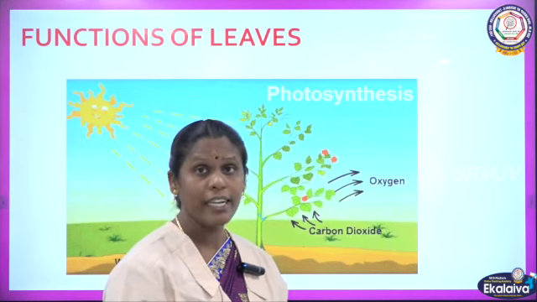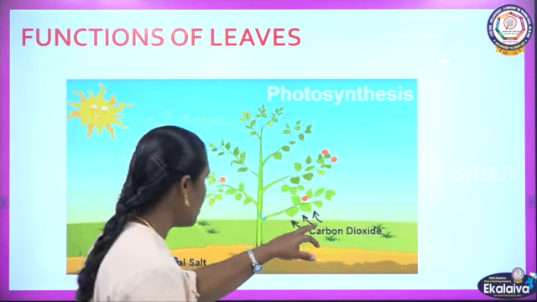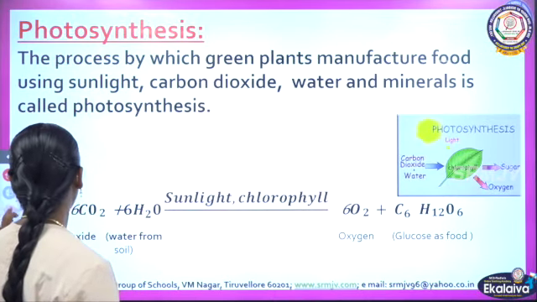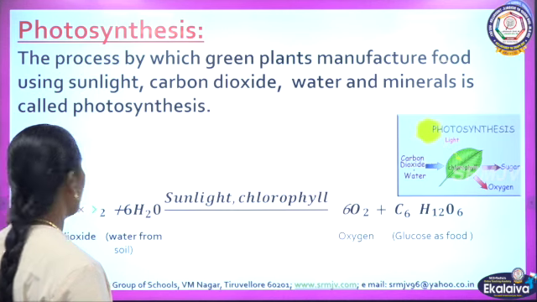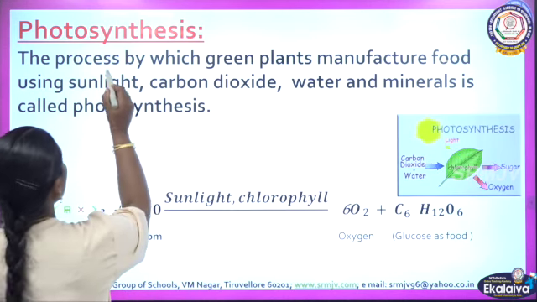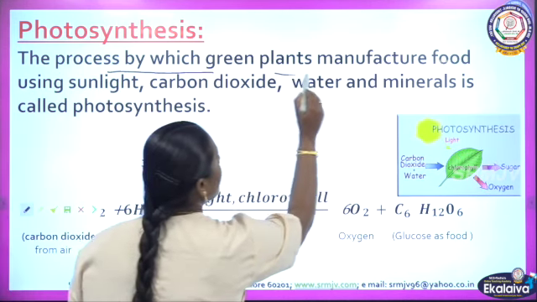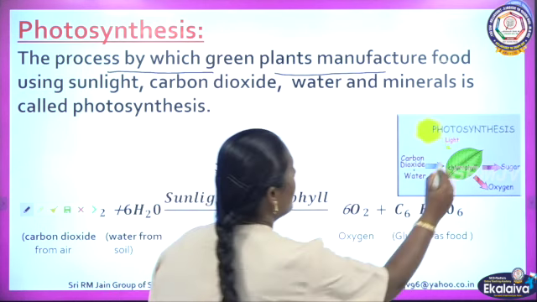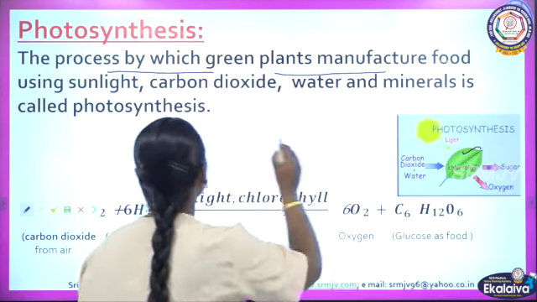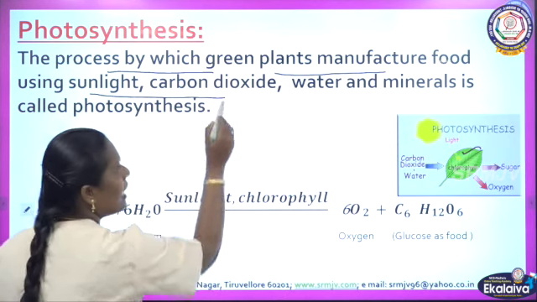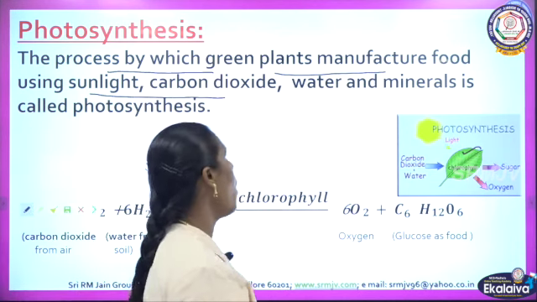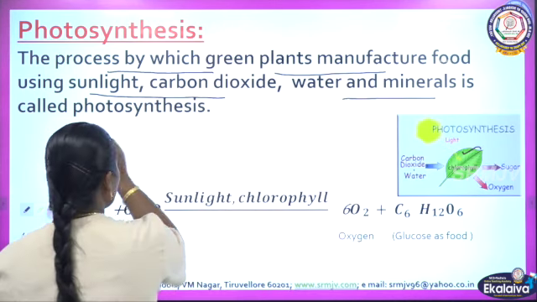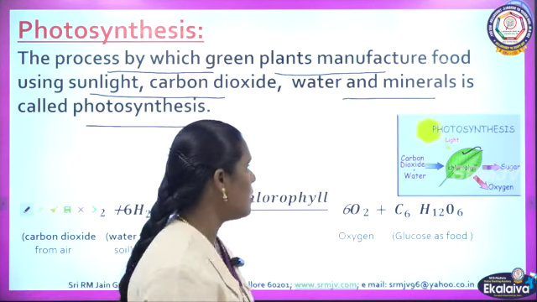Shall we see the definition of photosynthesis? See here. The process by which green plants manufacture food using sunlight, carbon dioxide, water and minerals is called photosynthesis.